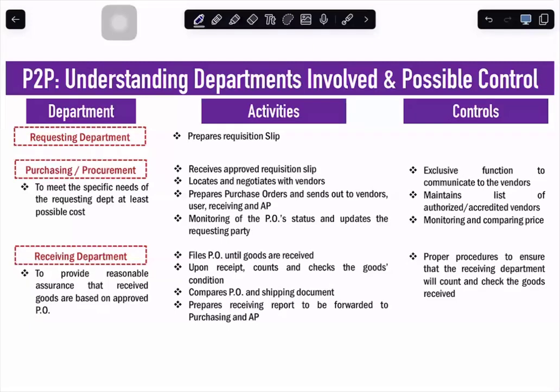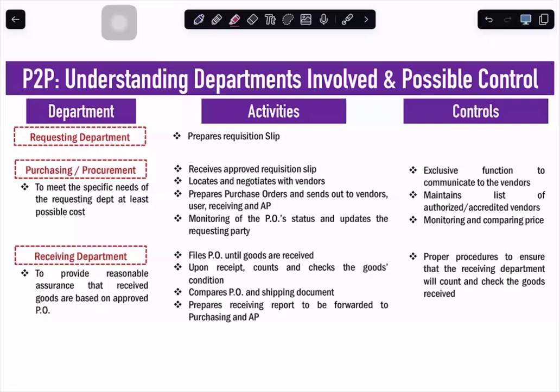So first, requesting department. So the requesting department will prepare now requisition slip. So what is this requisition slip? When we say requisition slip, these are the items requested by your requesting department. So this is composed of the different items that they want the purchasing department to purchase. So requisition slip.